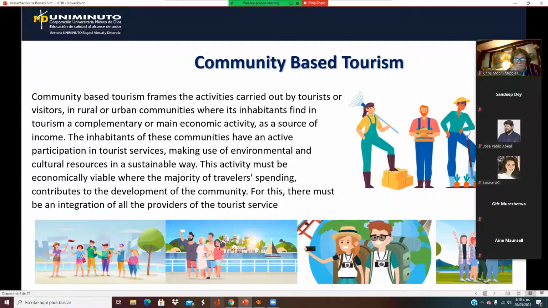So community-based tourism, as I told you before, is the main term in this investigation. It is normal in Colombia and in Latin America because the inhabitants of the rural territory manage the activity, and it has a good side because the touristic experience is pretty good for the tourists.